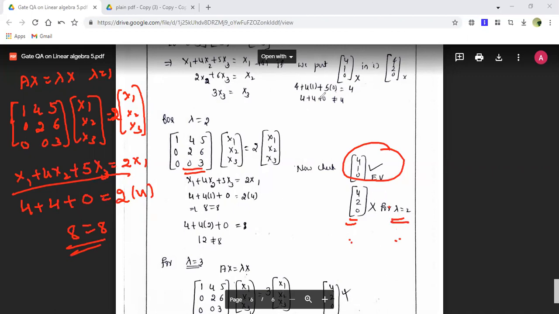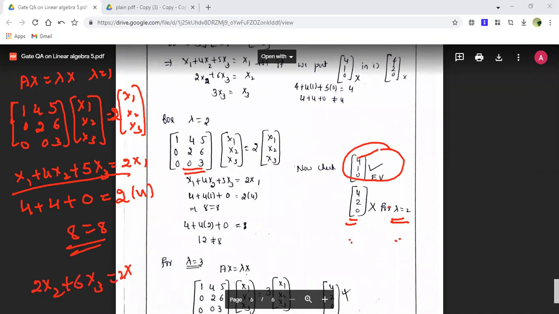That means again we have to continue for lambda is equal to 3. And for the second equation also, this particular eigenvector will satisfy. Second equation means 2x2 plus 6x3 is equal to 2x2.